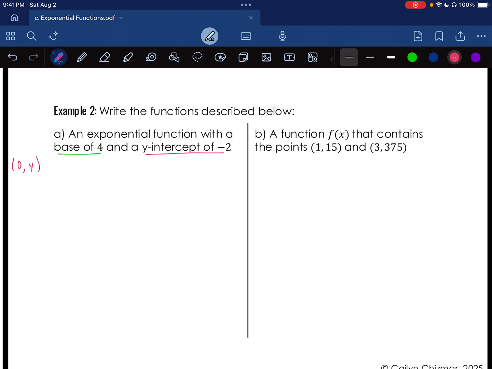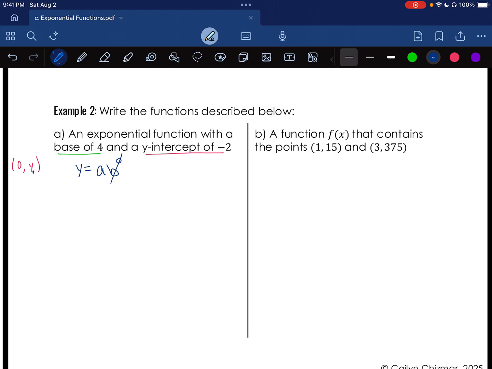So our x is 0. So if we were to have, let's call this y sub 0, our function that looks like a b to the x, if I replace x with 0, we have y equals a times b to the 0th power. b to the 0th power is 1.